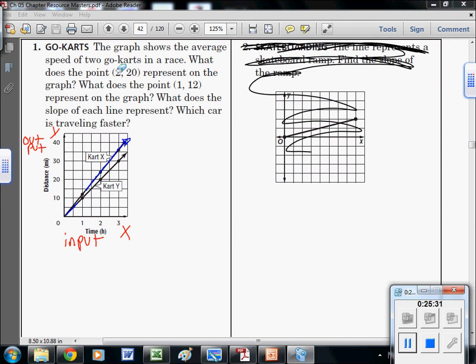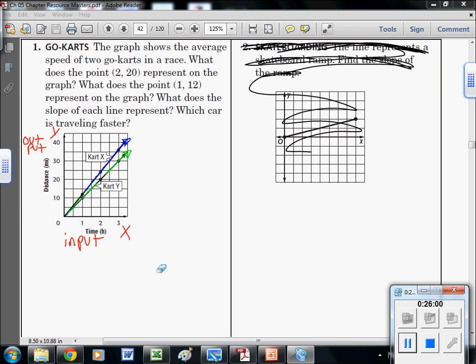So after doing that one, I think we can figure out this one. 2 comma 20, that's going to be for the cart Y, the one that's going to be traced in green. So cart Y at 2 comma 20, the first 2 means 2 hours, and 20 means go up 20, so right here. And so that tells us we went 2 hours and we went a grand total of 20 miles, which tells us that cart Y, after 2 hours of driving, has gone 20 miles.